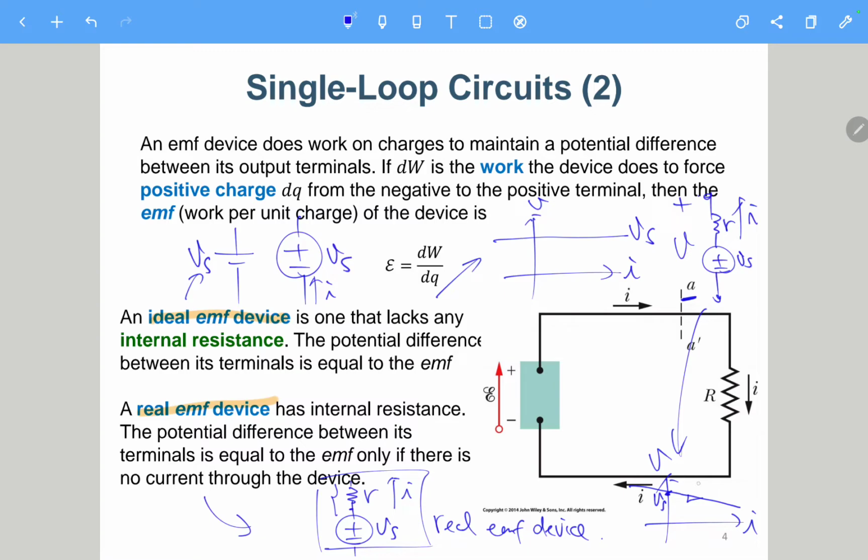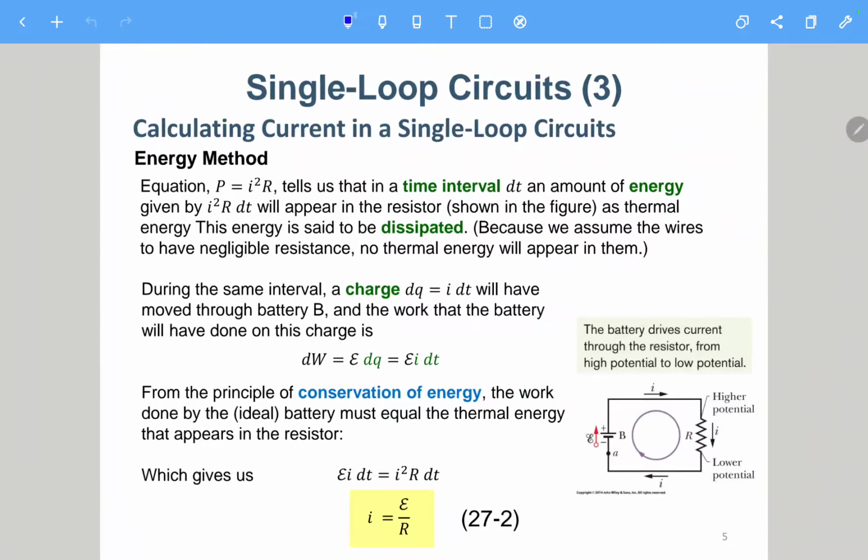It is something like V equals Vs minus R times I, so the slope is negative R. When R equals 0, it is the same as the ideal case, but unfortunately, usually it will be larger than 0.